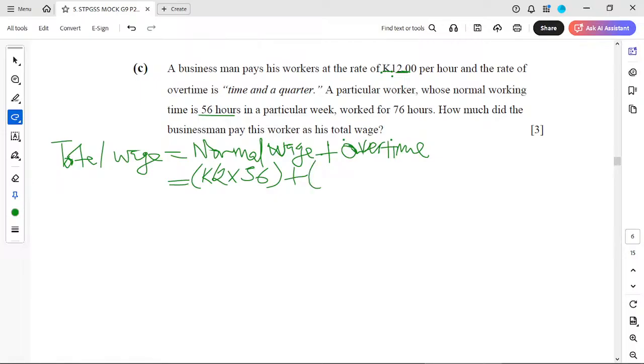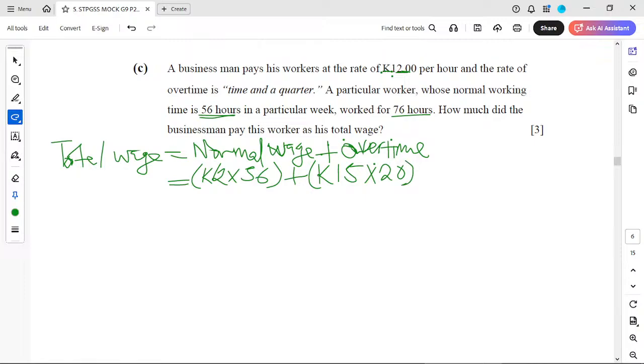So we add 12 plus 3 kwacha, which gives us 15 kwacha. That is the price for overtime. Now, how many hours did this worker work as overtime? We find the difference of 56 and 76, which is 20.